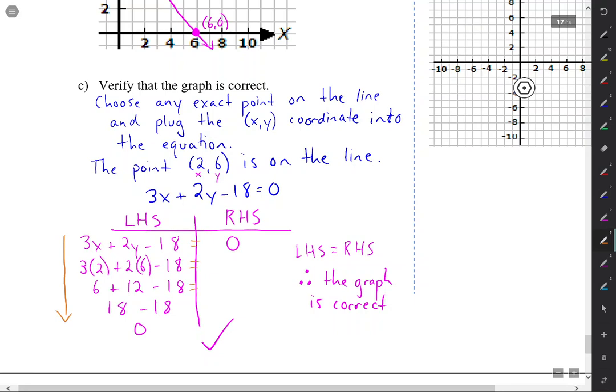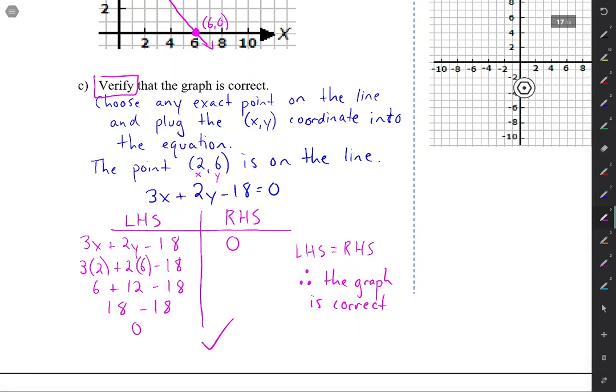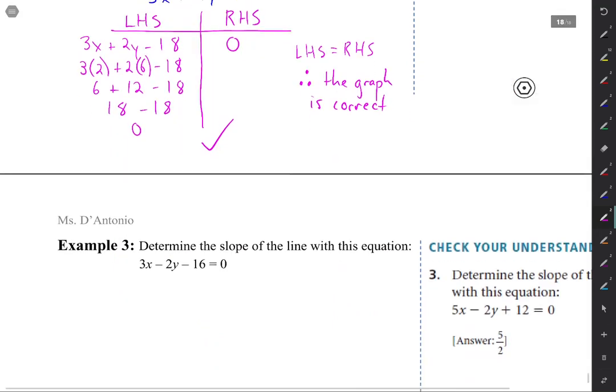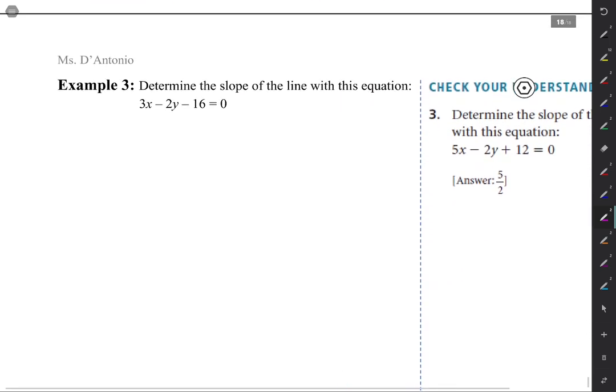But we don't necessarily know that it will equal 0 at the end, like that it'll be 0 equals 0 at the end. So make sure that you use this left-hand side, right-hand side T-chart whenever you're verifying that an equation is correct or that your graph is correct. Whenever you're plugging in points into the equation to see if both sides will equal each other, you have to use this little T-chart.